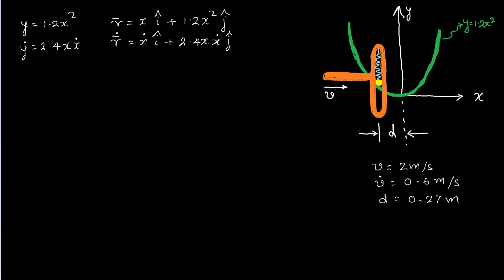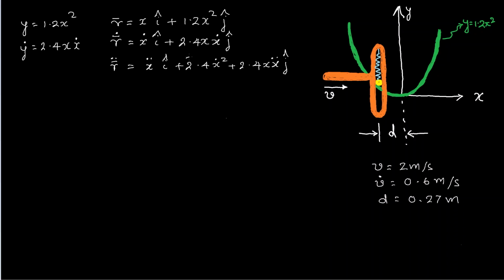And similarly, the acceleration vector we can write as r double dot is equal to x double dot i plus, if we differentiate this now, it has two terms, so we will get 2.4 x dot squared plus 2.4 x x double dot in the j direction.